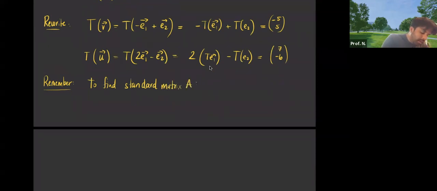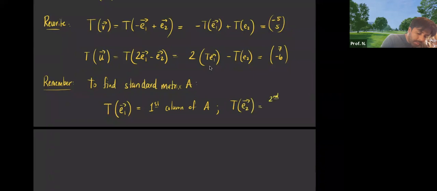We have to find T of E1. That would give me the first column of A. And T of E2 would give me the second column of A.